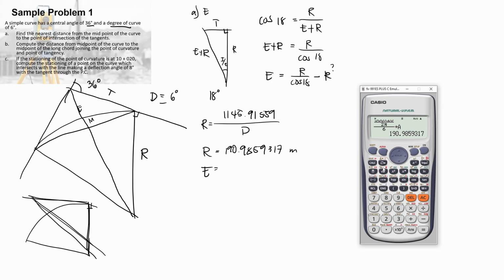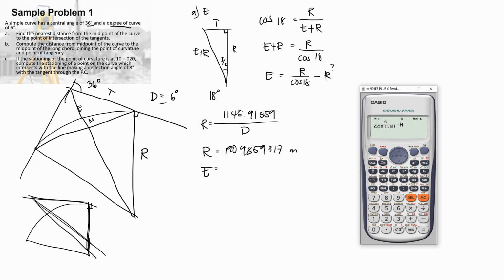And then therefore si E, based dun sa formula natin, is R, yung A natin, over cosine 18 minus 190, so radius over cosine 18 minus radius.